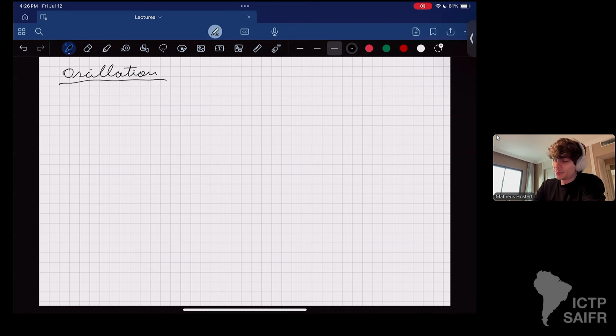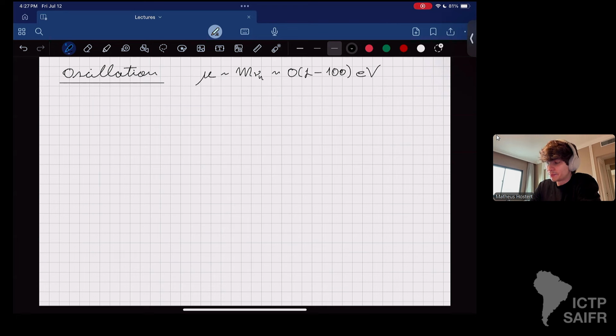And this oscillation picture for this right-handed neutrino would be interesting when that scale mu, which remember is also the mass of the heavy neutrino, which in this particular case will actually not be that heavy. This will be order 1 to at most 100 eV.